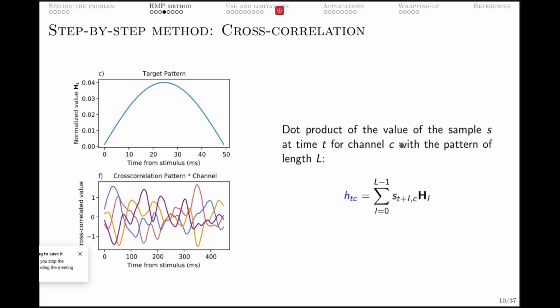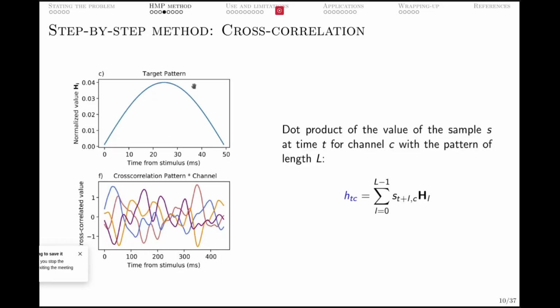So for this first step, another fundamental idea of HMP is that we have a pattern in the data. The topographies I showed you are expected to be represented in the EEG data by a specific activation function. In this case, it would be a half sine. You just imagine a full sine wave, but you cut it at half.